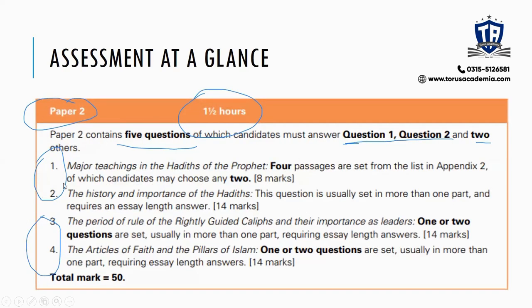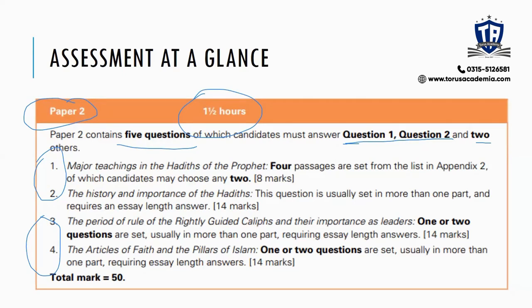In paper 2, the first question, which is compulsory, has 4 passages set from Appendix 2, which is hadith, and this is worth 8 marks. The rest of the questions, 3 questions, are worth 14 marks each.